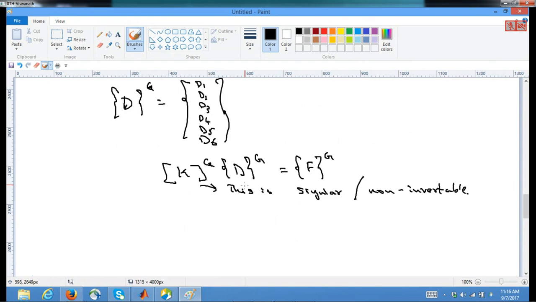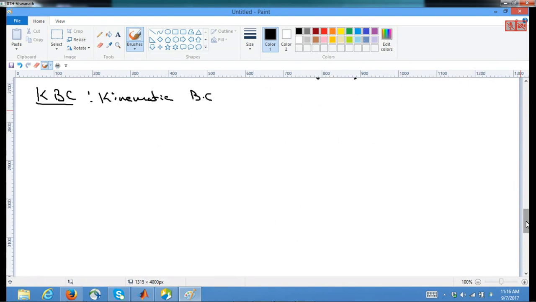The reason is we haven't imposed kinematic boundary conditions. So what are the kinematic boundary conditions for our problem? One end is fixed and the other end is on a pin.